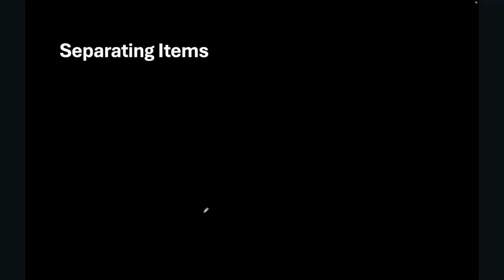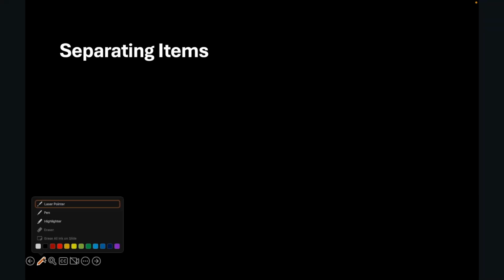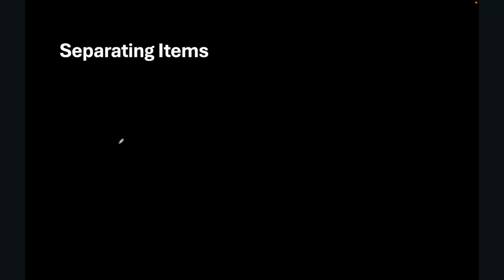Alright, so we've taken a look at a lot of bundling questions. Now let's take a look at separating items. Separating items is basically the opposite of bundling, right? So again, you have a bunch of books or people arranged, and they can't be together.